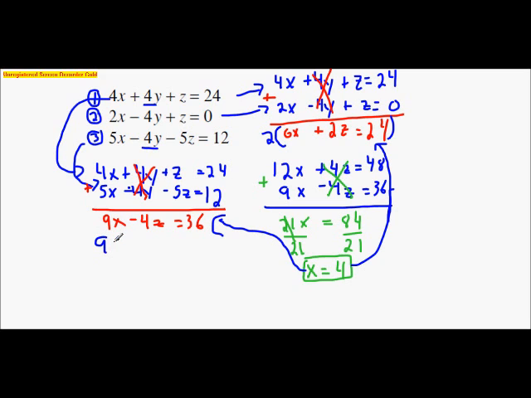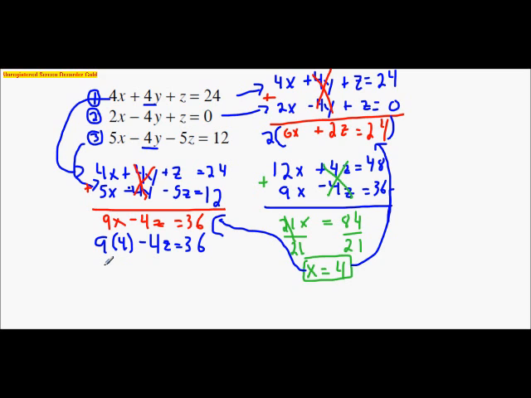So I have 9 times 4 minus 4z equals 36. Now I'm just going to figure out what this equals.